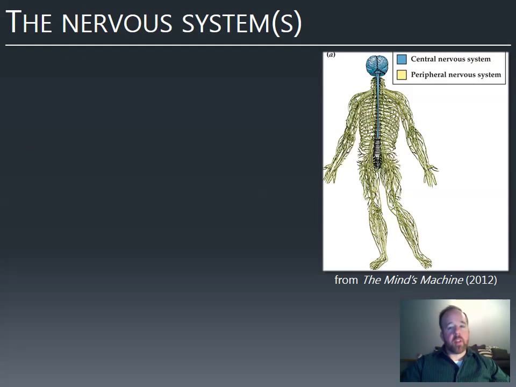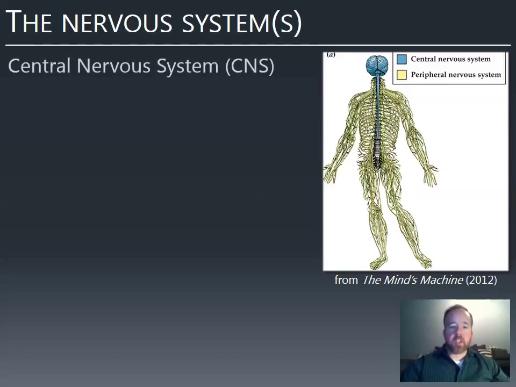The nervous system, as we talk about it in general, is comprised of a series of parts. The biggest distinction is between the central nervous system, or CNS, which is comprised of the brain and the spinal cord. What makes that distinction isn't really important. There's a membrane that covers those two things. Anything outside that membrane is called peripheral, and anything inside it is called central.